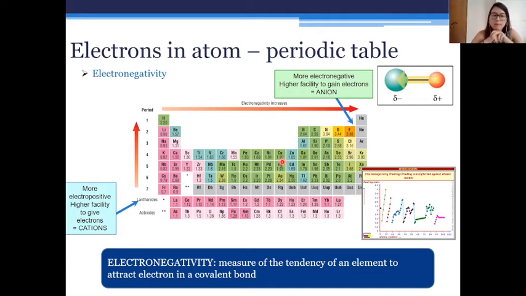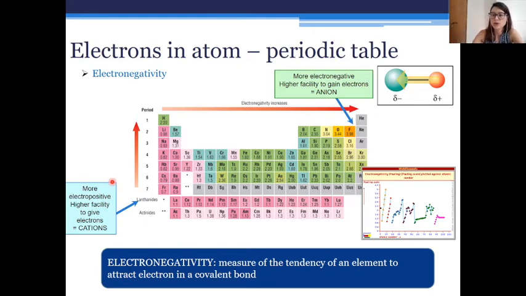When an atom's tendency is to give electrons, we say it is more electropositive. If it gives an electron, it will be more similar to a cation. So it will give an electron and it will be more positively charged, so we say it is more electropositive.